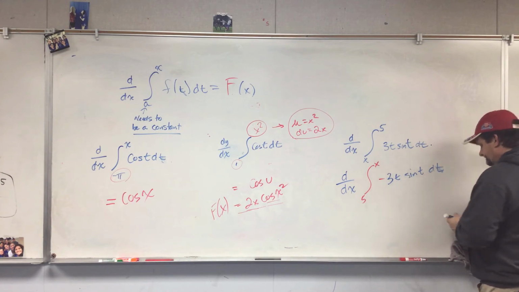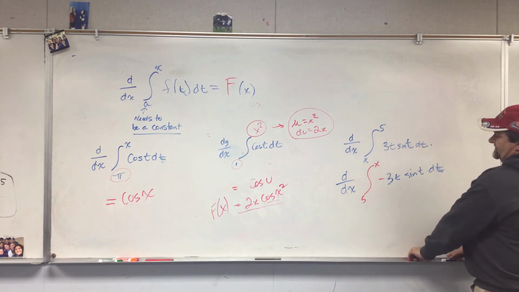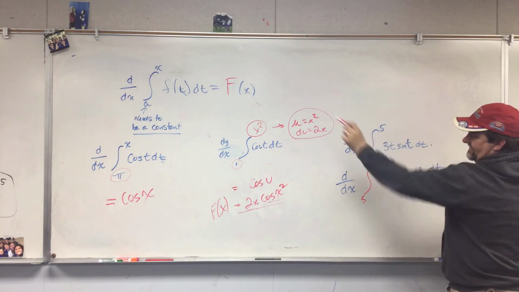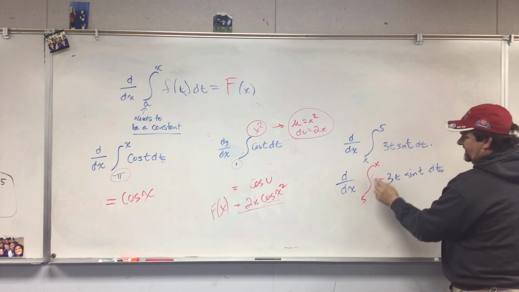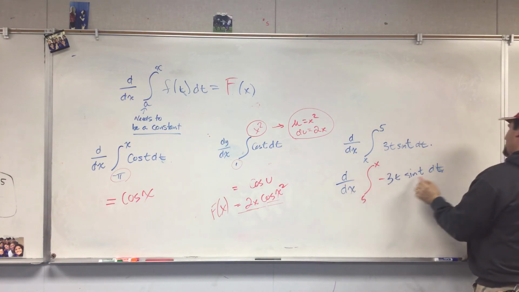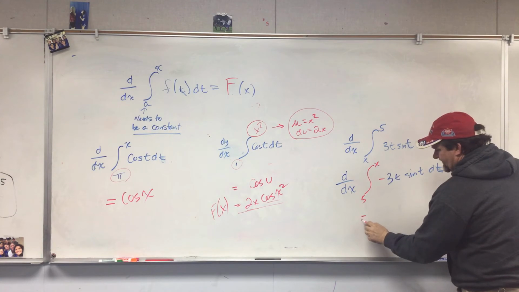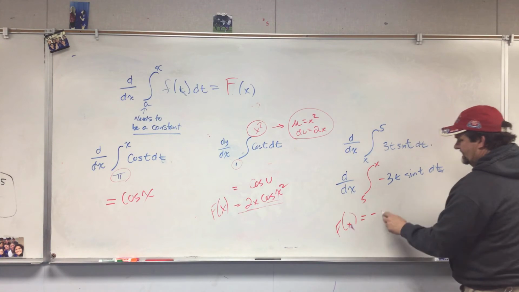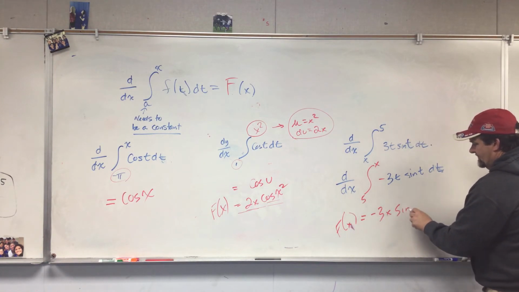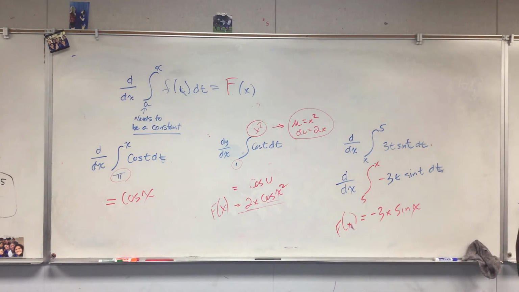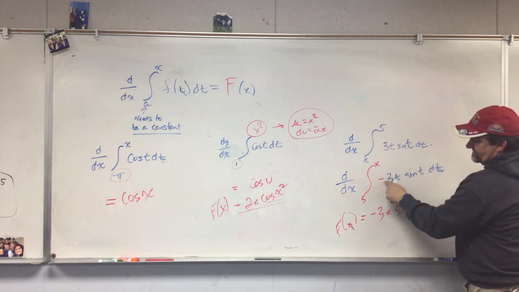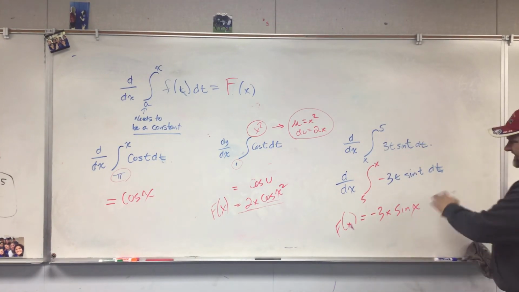Whoops, dt. So now, by the fundamental theorem of calculus, I've got what I need. I got my constant here, so that means the derivative of this thing is the function of x. And that's my answer there. Okay? When you switch the order of these, you just change the sign. You're just switching the order, so it tackles it for us.